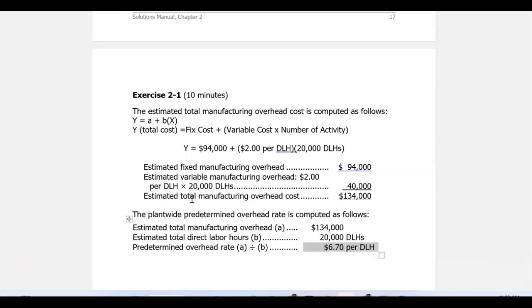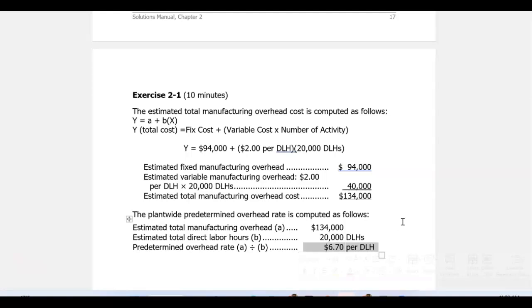So first we calculate the estimated total manufacturing overhead cost. Then we divide that by the cost driver of direct labor hours. Now we know that to add the manufacturing overhead to the cost of production, we need $6.70 for every direct labor hour.